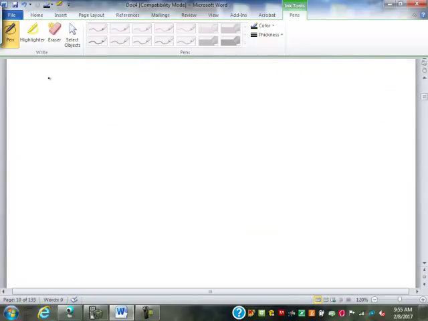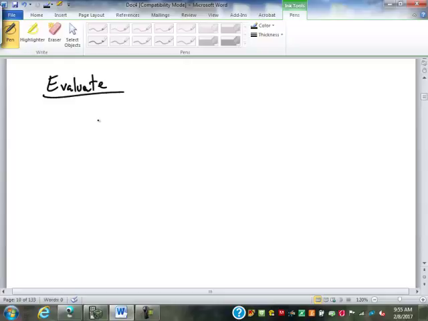Another command you might get is evaluate. Now, when you're asked to evaluate, you're also going to get a numerical answer. But when you're given evaluate, it means you're going to replace the variable with a set value.